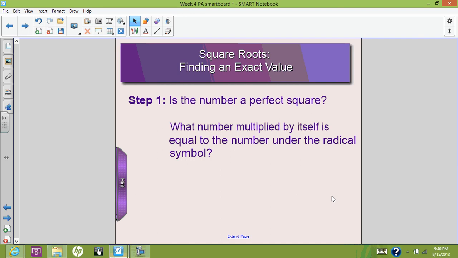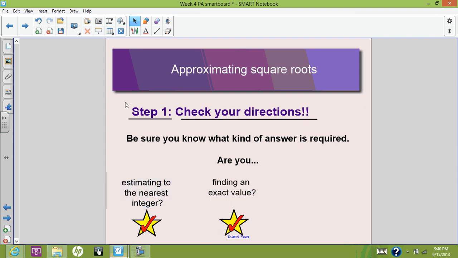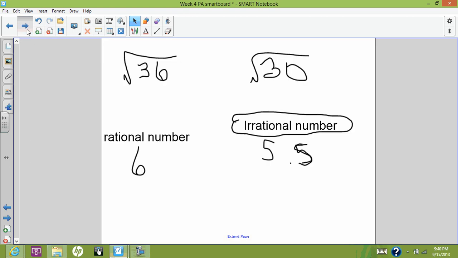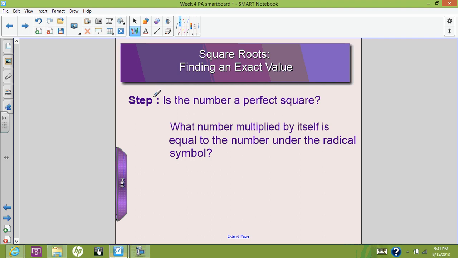Let's say if you asked yourself that first question of check your directions, figure out whether it is an exact value or estimating to the nearest integer, then you have to say, okay, well, what if it is something that I'm trying to find an exact value of? I don't know why it's not letting me type a 2 there. This should say step 2.